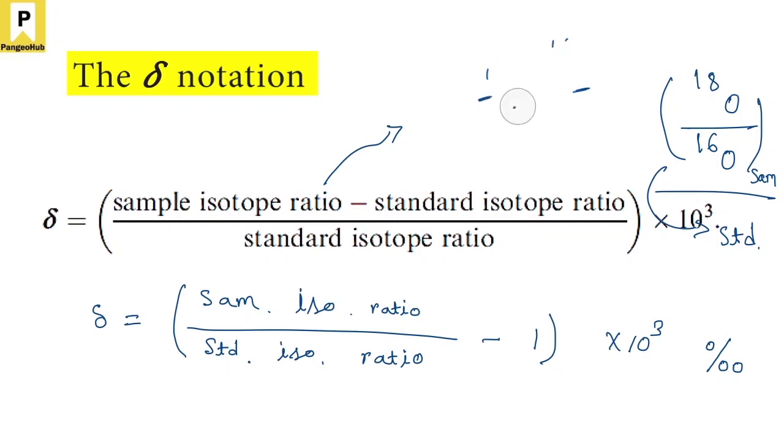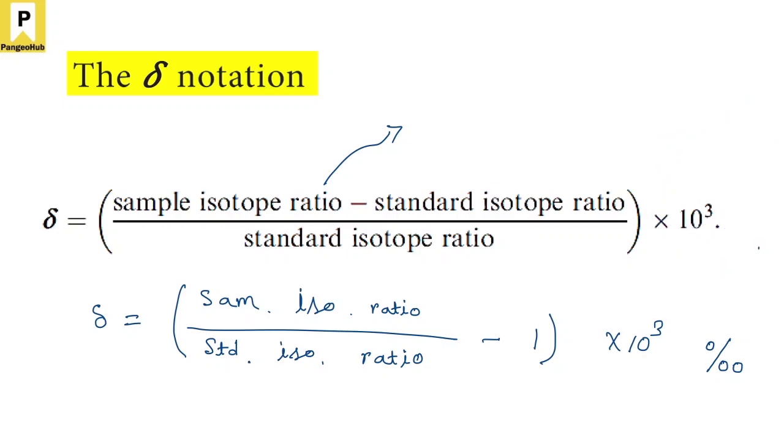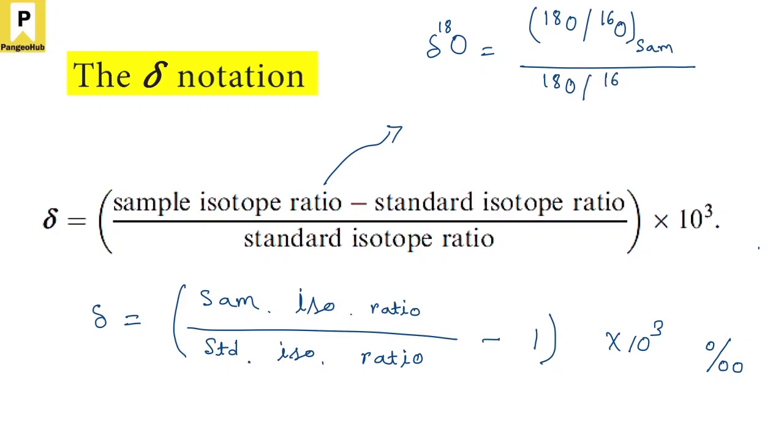So if I write this in a clear area, delta 18O will be 18O divided by 16O in our sample, divided by 18O divided by 16O in our standard. Sample by standard, minus 1, into 10 to the power 3 per mil, right?